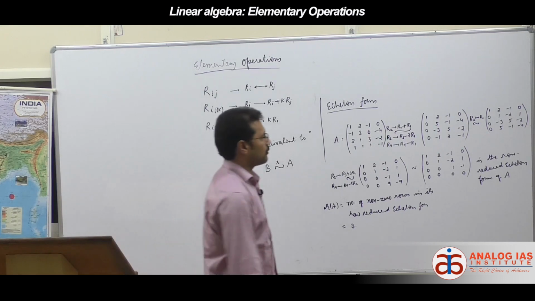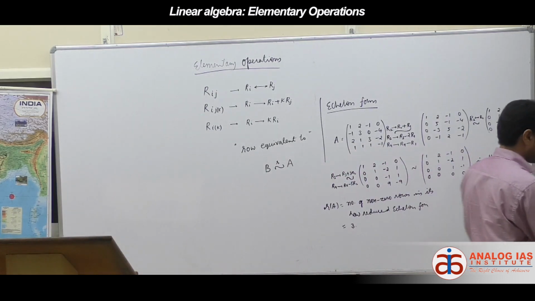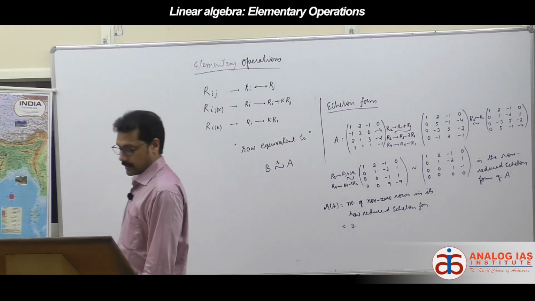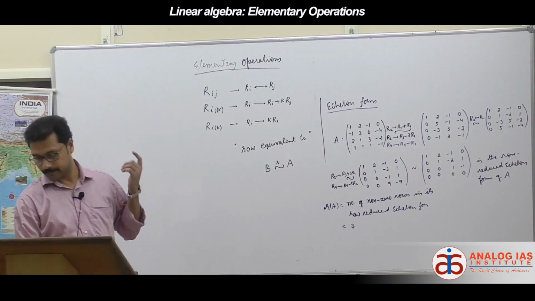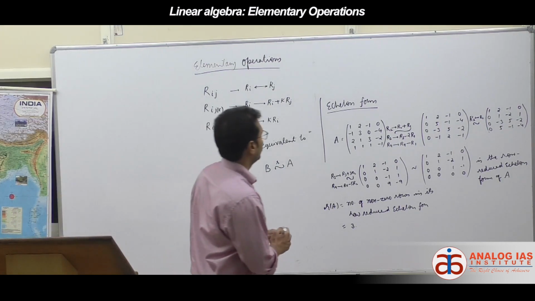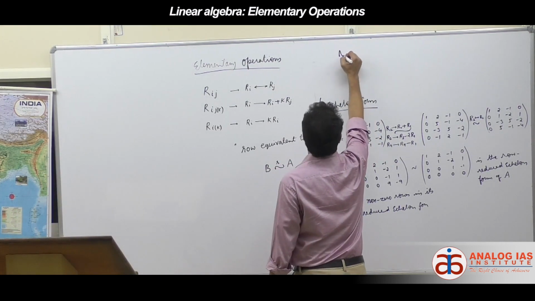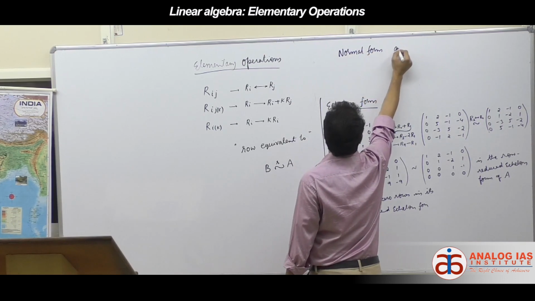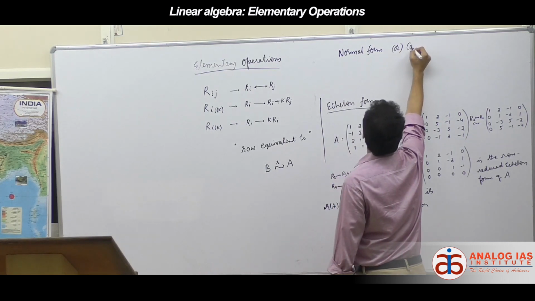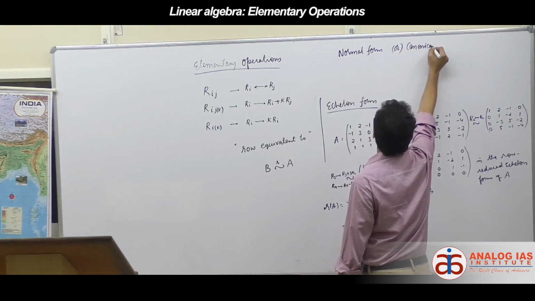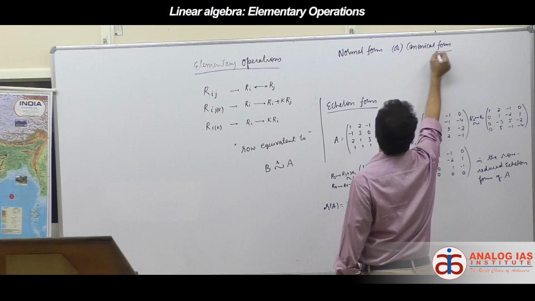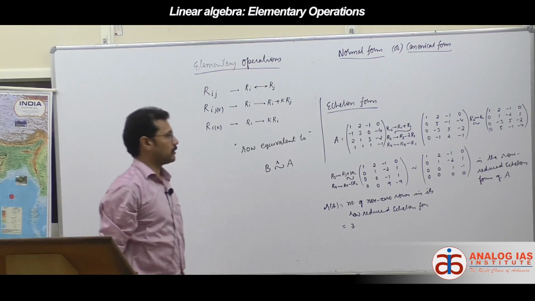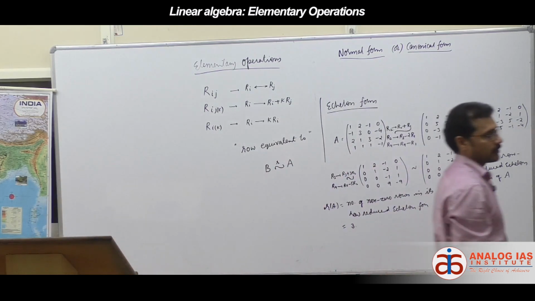Find the rank of the above matrix by reducing it into normal form, also called canonical form.